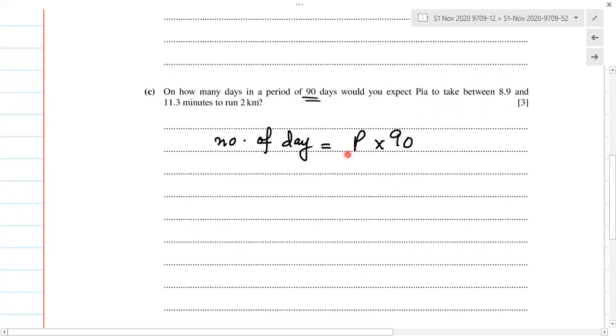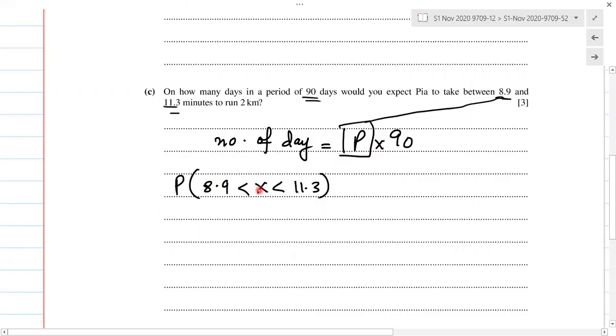That means we have to work out the probability first, for the given range of 8.9 to 11.3. So we have the probability of x being between the values of 8.9 and 11.3.